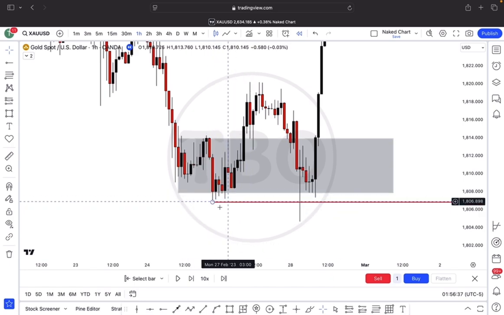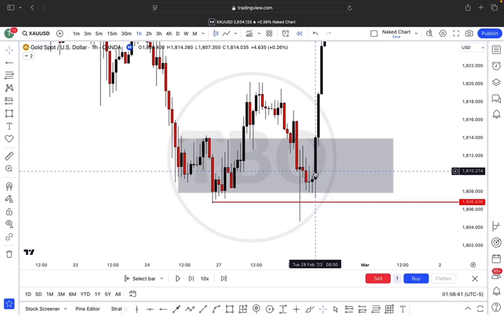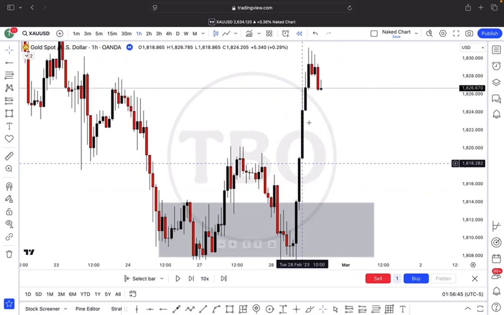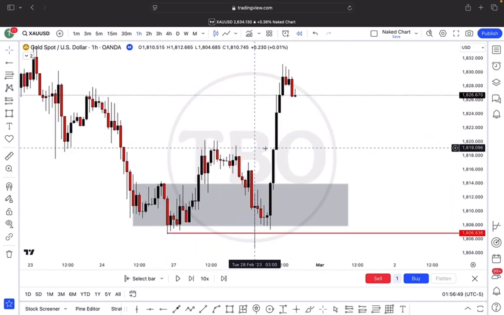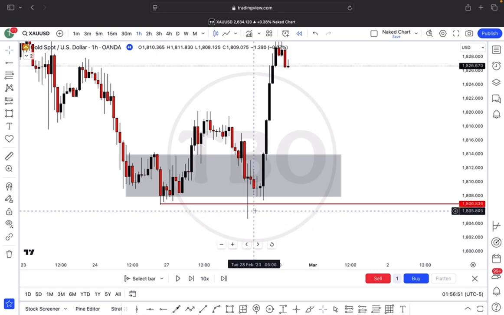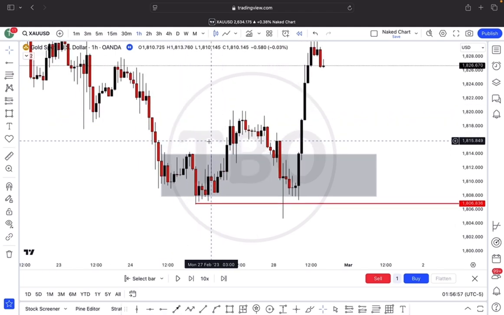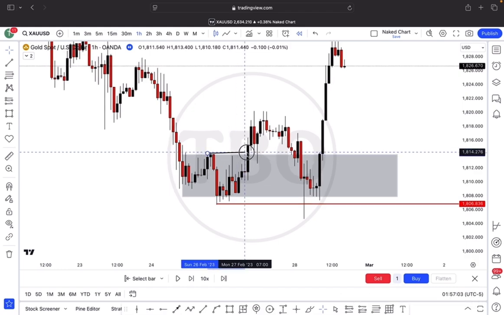It took out liquidity and then it respected this demand zone, and then it bought, and that was a lot of pips. So guys, it did not break structure continuing to the downside. Market structure was definitely shifted right here.